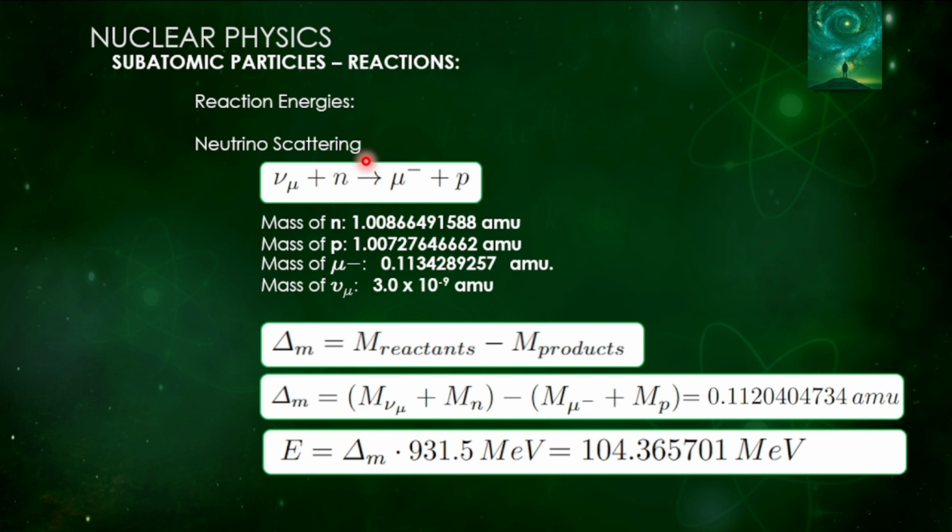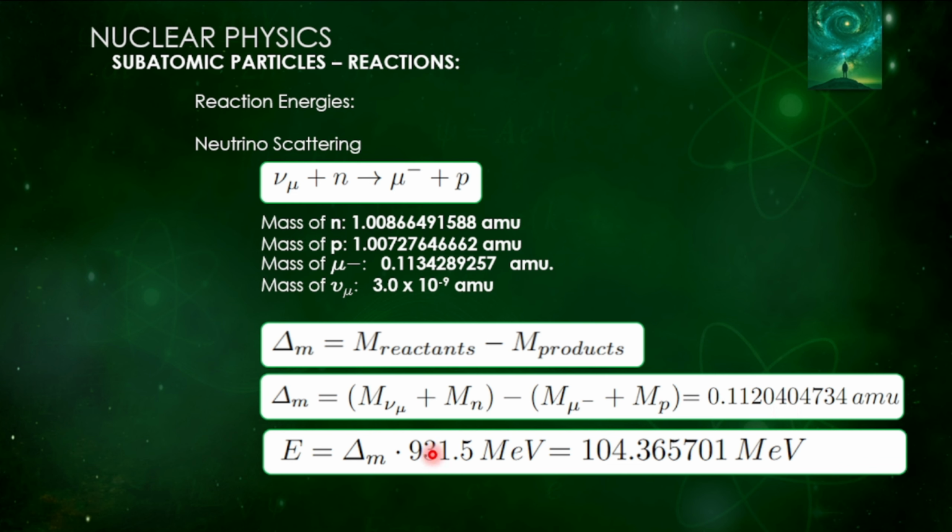Neutrino scattering: mu neutrino plus one neutron produces one muon plus a proton. Here are the different masses of these particles. So delta M equals the mass of reactants, which is mu neutrino plus the neutron, minus the mass of the muon plus the mass of the proton. We run the numbers and you get 0.1120 AMU.